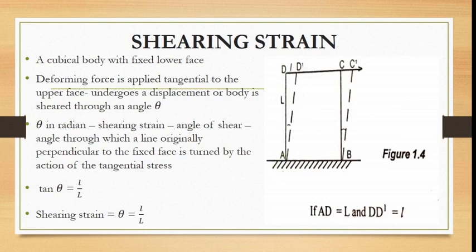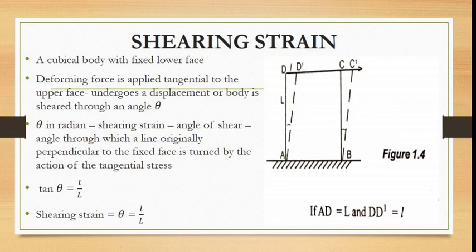The small angle denoted there is theta, and the angle theta measured in radians is called the shearing strain. So what is angle of shear or shearing strain? Shearing strain is also known as angle of shear.